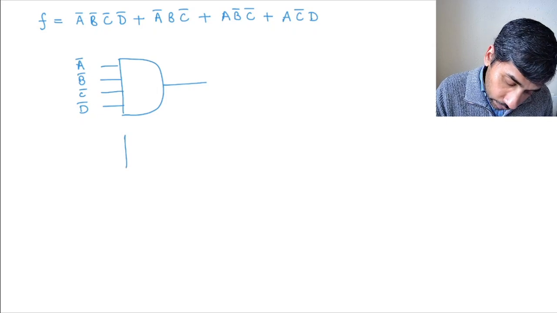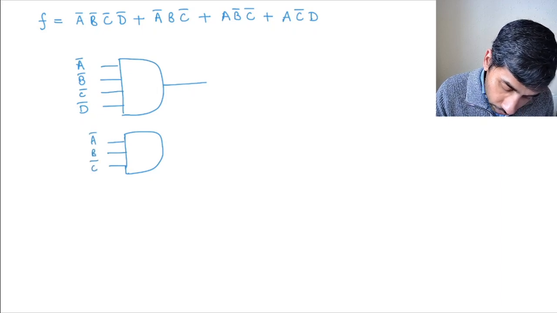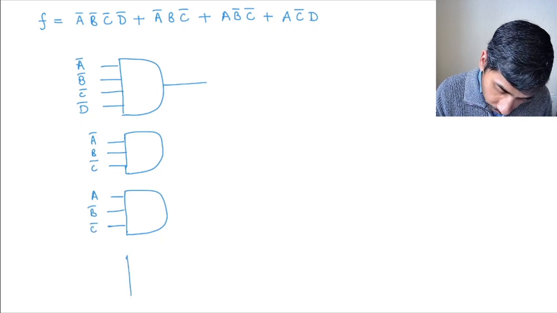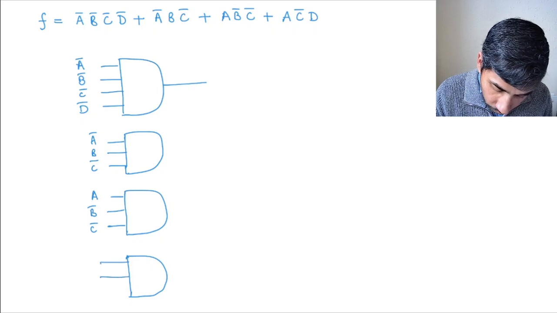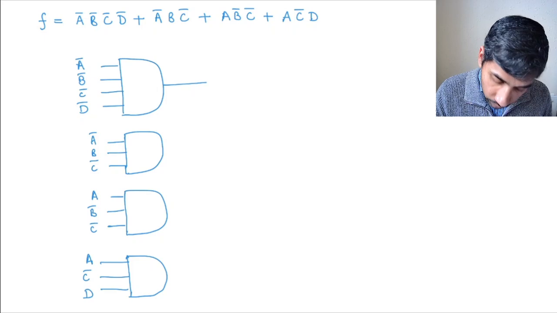And the next product term has three inputs to it. That's A bar, B, and C bar. The next term again has three inputs, A, B bar, C bar, and the next one has A, C bar, D, right?